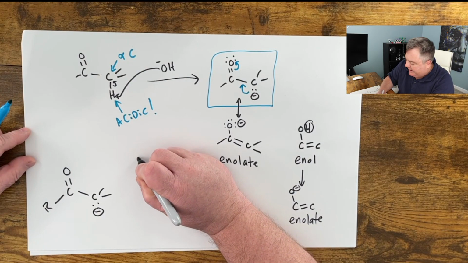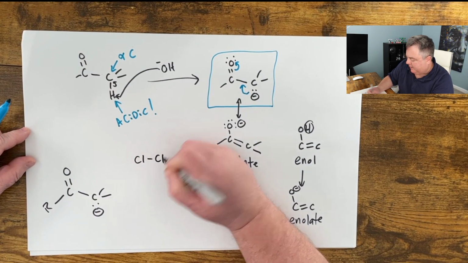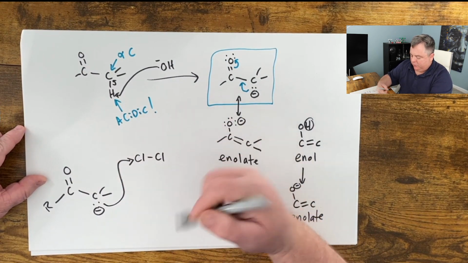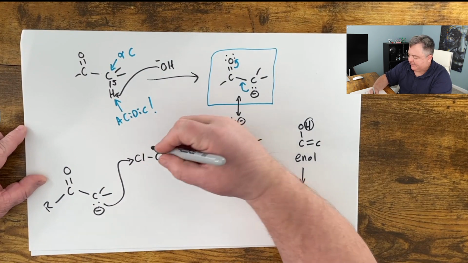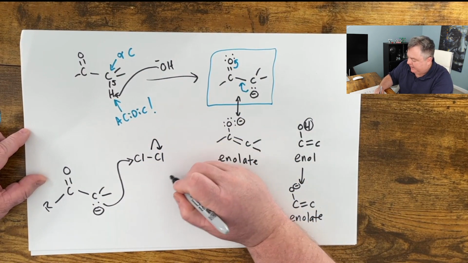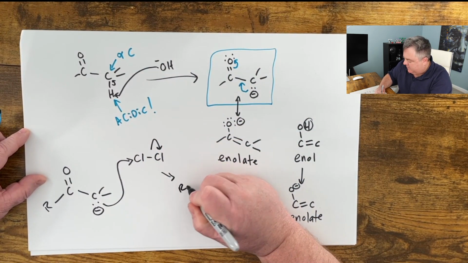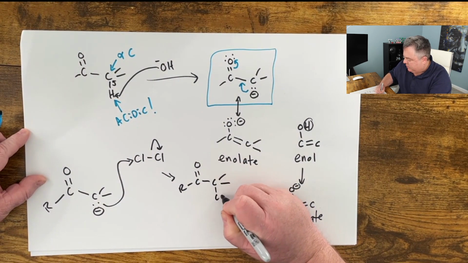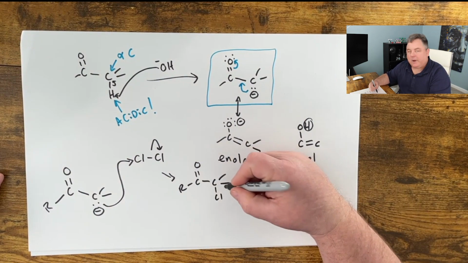So let's look at just maybe 2 examples of what it might attack. I could take something like chlorine, Cl2, and that negative nucleophilic carbon could backside attack. My leaving group could leave. I could put a chlorine next door to the carbonyl, on the alpha carbon.